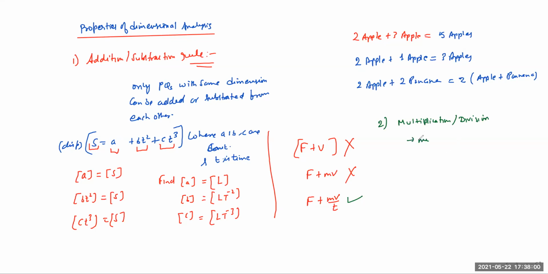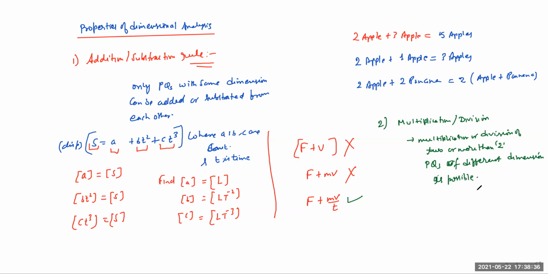So multiplication or division of two or more than two physical quantities of different dimension is possible.